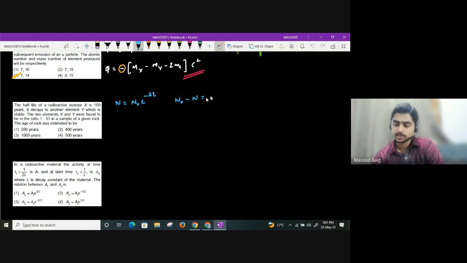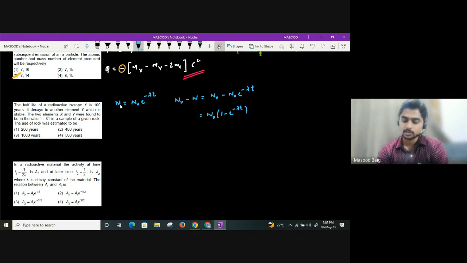So what will this be, guys? N naught minus N naught e power minus lambda t. So I'm going to get it as N naught into (1 minus e power minus lambda t). Is that clear? So these will be the nuclei of X at any instant, and these will be the nuclei of Y at any instant.